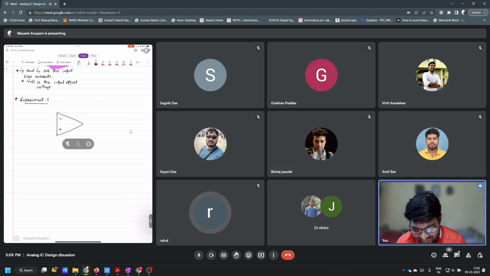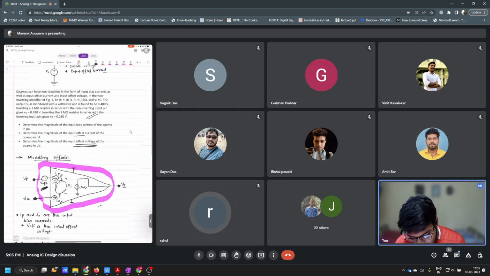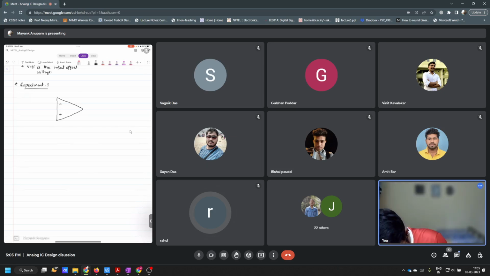Yeah, so you see, experiment number 1 is basically you put this, and you have this resistor here, you ground it.